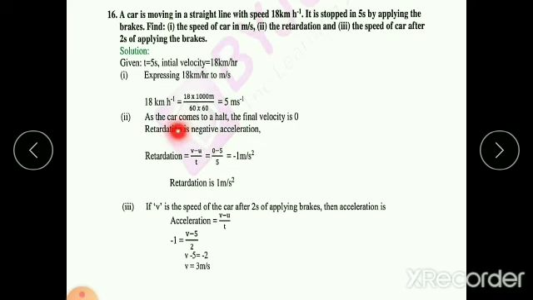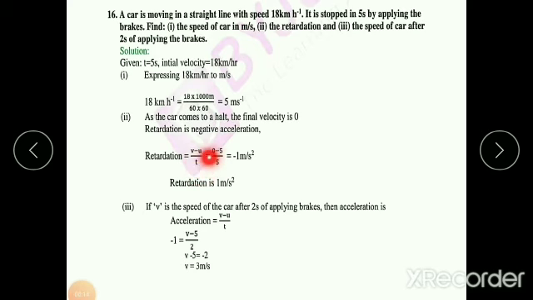Next, as the car comes to a halt, the final velocity is 0. When it is coming to rest, the velocity will be 0. So what you have to find out is the retardation. The retardation is negative acceleration. You know the formula to find the acceleration, right? V minus u divided by t. The same will be for retardation, change in velocity divided by time taken.